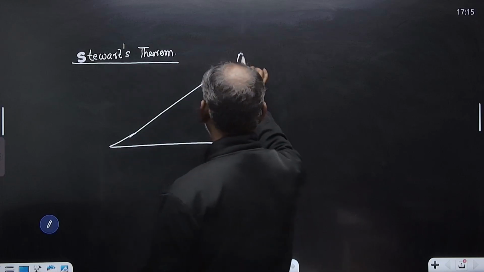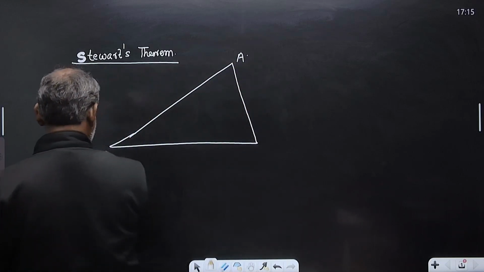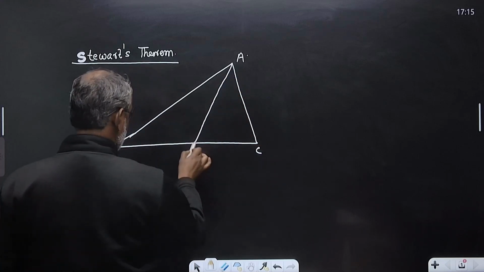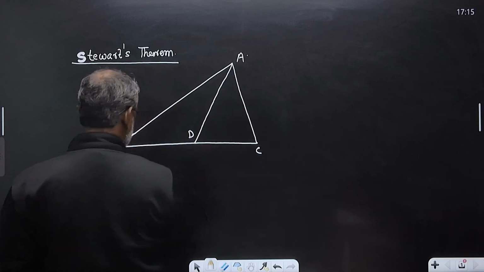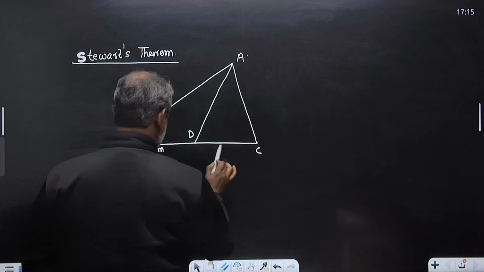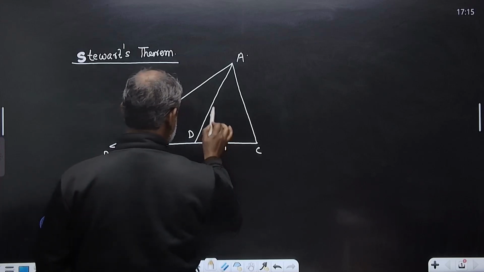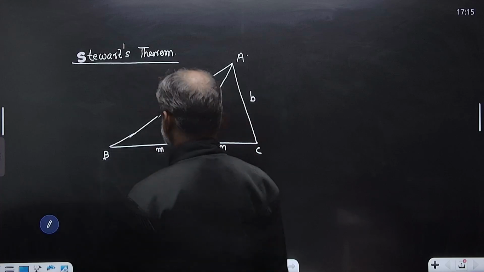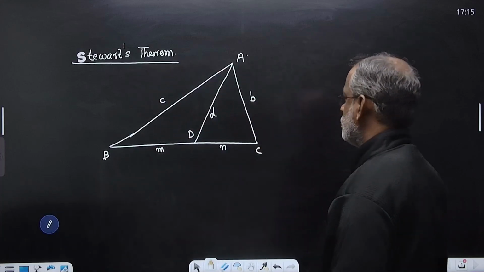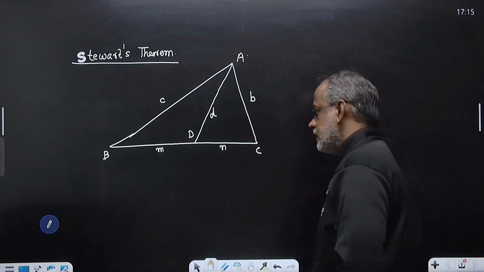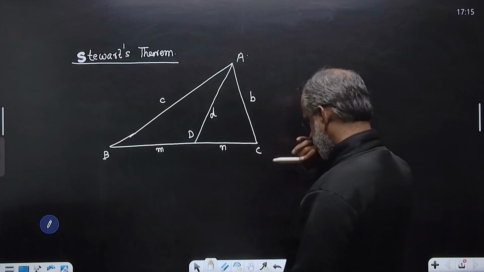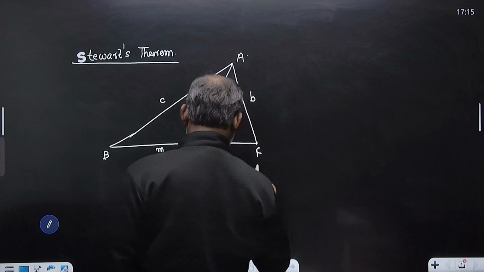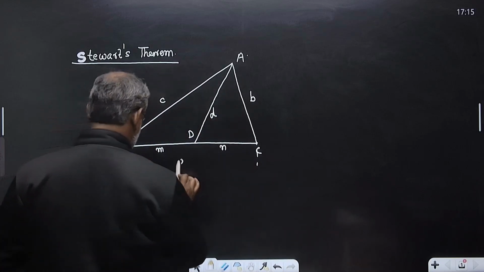Now, in a triangle ABC, suppose you draw a transversal from A to meet side BC at D. Let these lengths be M and N, this length is D, this is C and this is B, and this side is A. What does Stewart's theorem state?